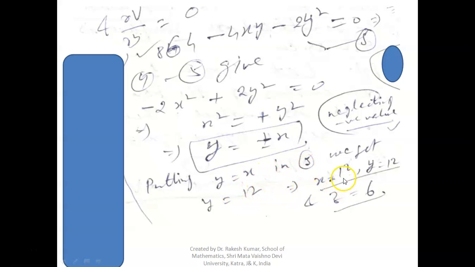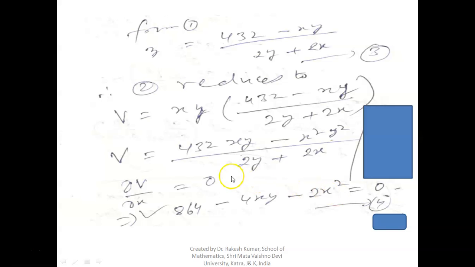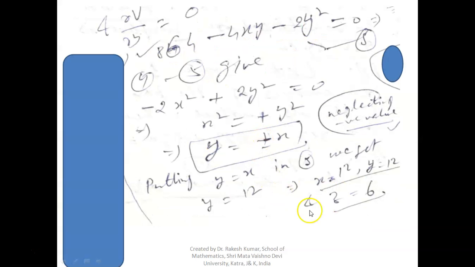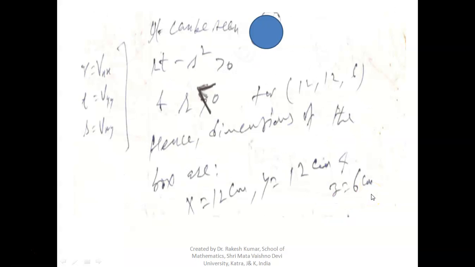So x equal to 12 and y equal to 12, and from this equation of z, if we put these values of x, y here, I get z equal to 6. Now I have the stationary point, and we can find vxx, vyy, vxy, and compute rt minus s square.